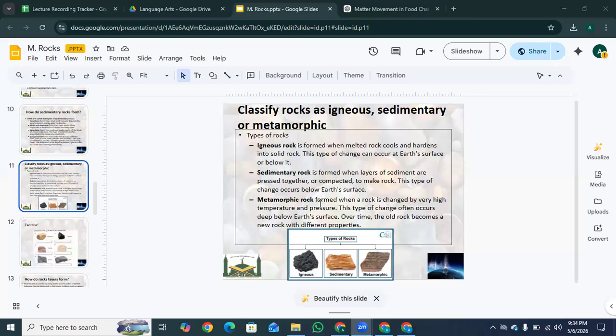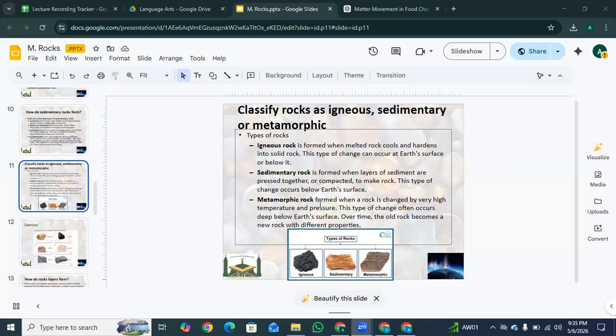So basically, this starts as an old rock, like it could have been igneous or sedimentary. When that rock gets buried very deep, it gets baked by extreme heat and squeezed by massive pressure. It does not melt, but it morphs or changes into a brand new rock. And this happens deep below the earth's surface.